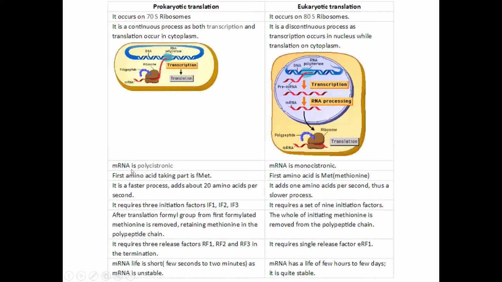Prokaryotic mRNA is polycistronic, whereas here it is monocistronic. Very important difference. In prokaryotic translation, the first amino acid taking part is formyl methionine, whereas in eukaryotes it is methionine. Prokaryotic translation is a faster process; this is a little slower.